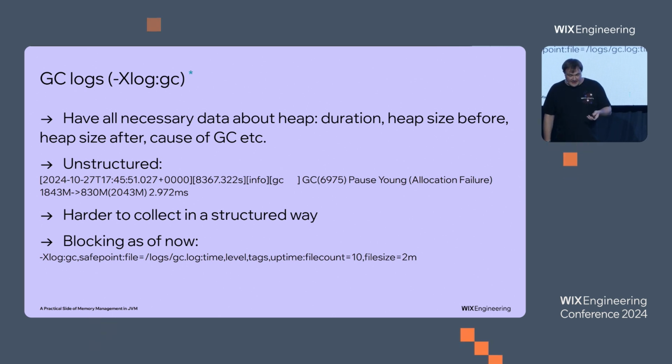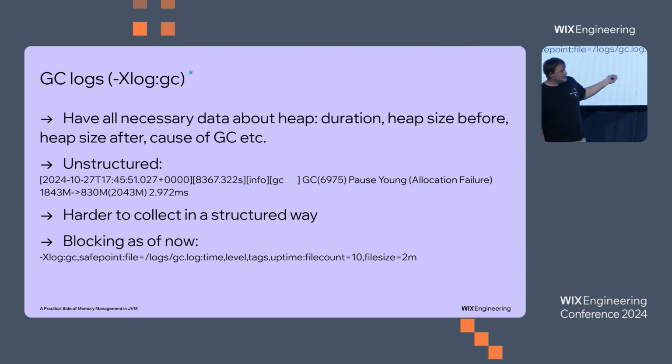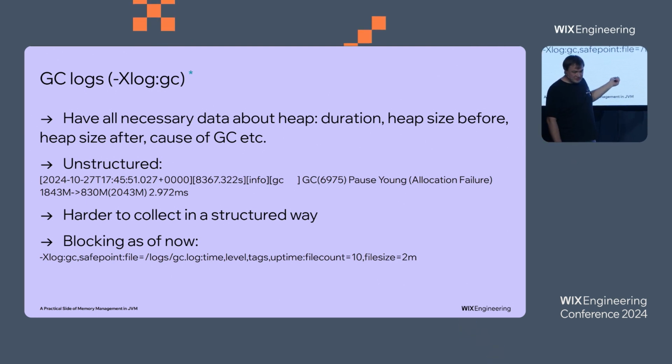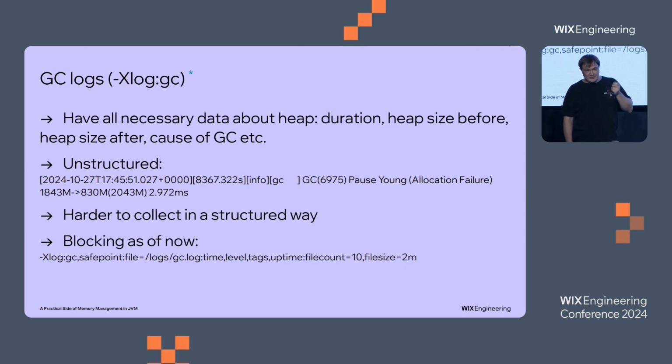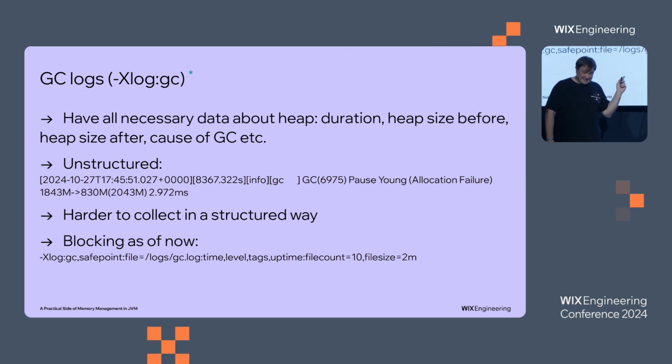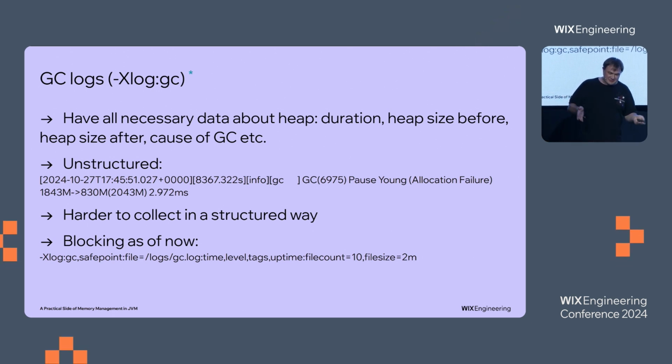GC logs. The fun fact is that this is our current configuration of GC logs, how we log it. And the problem here is that we use blocking writes, not async. And there is an option to make it async. I have a guess that we had an incident in production where one pod had huge GC pause time.